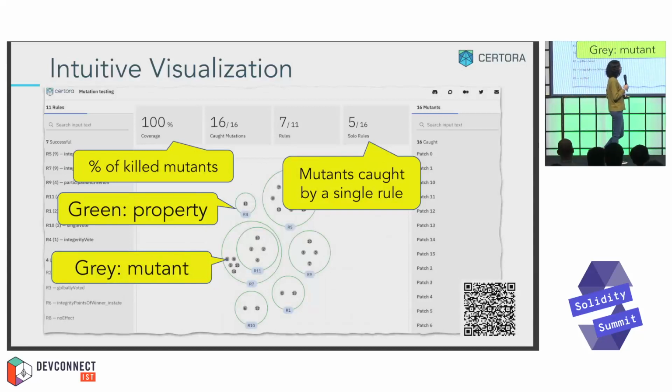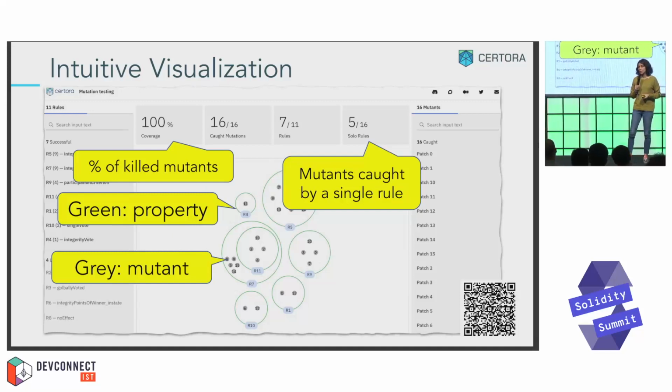Another thing that we show here is this idea called solo rule. I really like this metric. What solo rule tells you is how good a rule is, and it does that by counting the number of mutants that are caught by only one rule. Why is that good? Because it tells you whether there is any correlation between two properties.